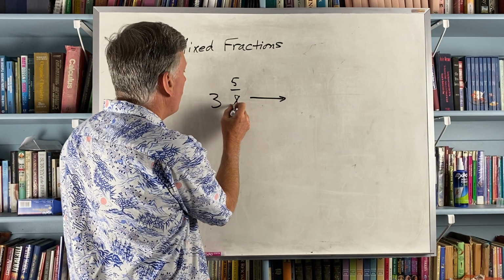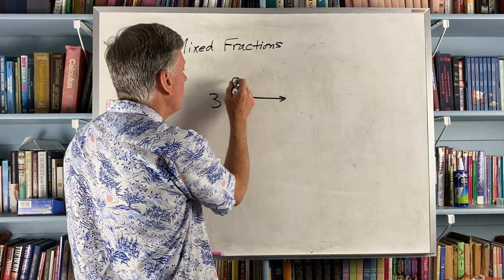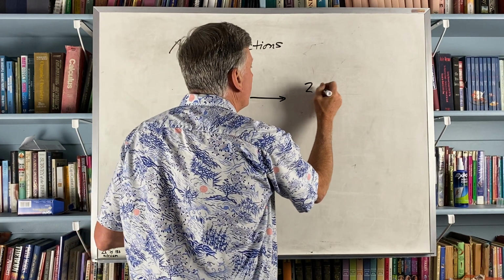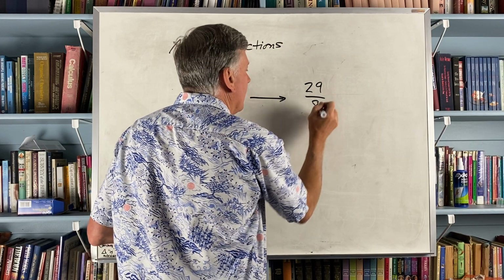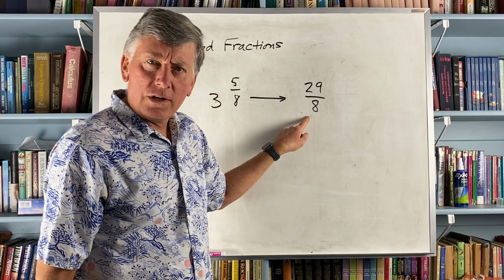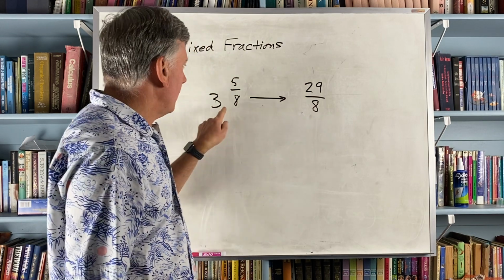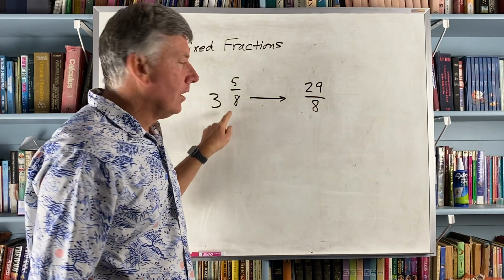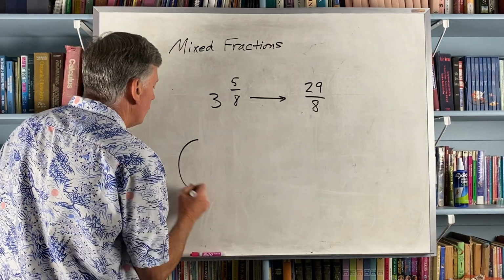In this case, we go 8 times 3 is 24, plus 5 is 29/8. You're going to see that this is the preferred version, and we're going to get away from this 3 and 5/8. You know the picture.